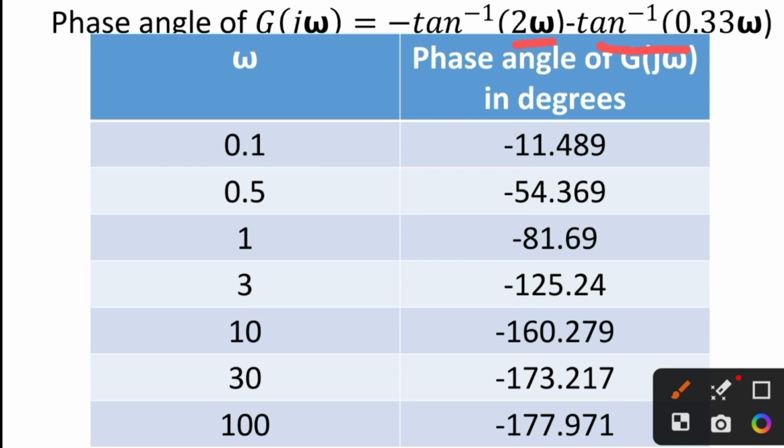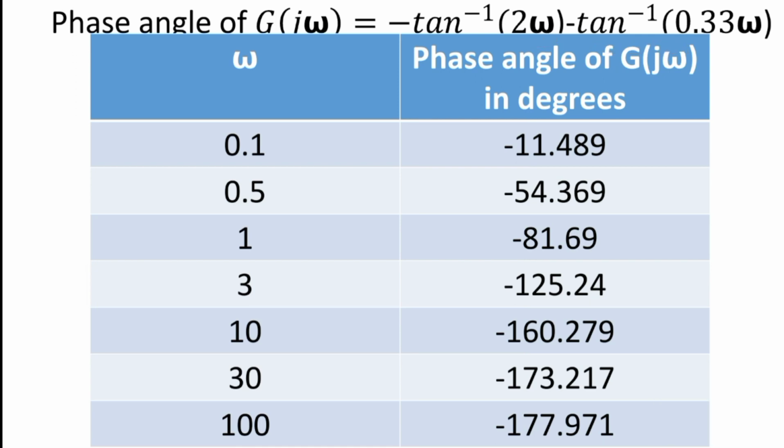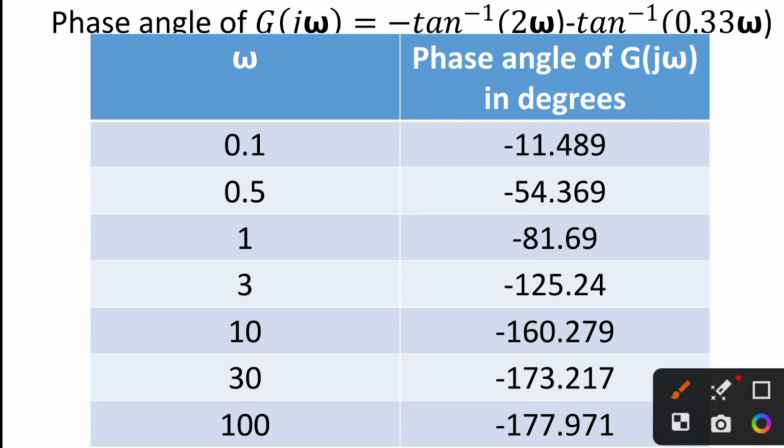So now selecting the angular frequency omega below the corner frequency, above the corner frequency, and in between the two corner frequencies. Here the two corner frequencies are 0.5 and 3. So we have considered the angular frequency omega below the first corner frequency 0.5.